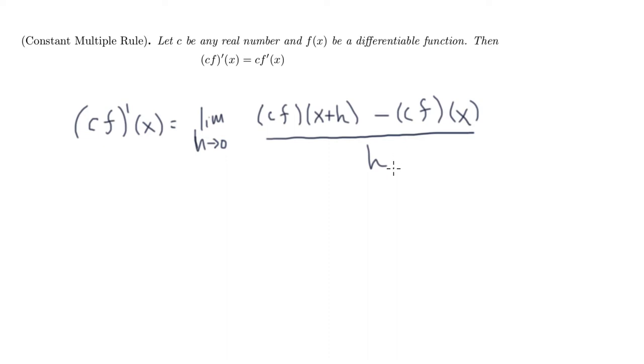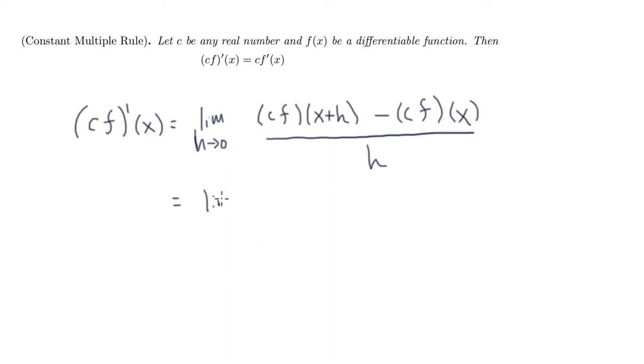And it might be worth just reminding you what this notation really means. In parentheses here I have cf, so the function is cf. And what that means is that I take the function f, evaluated at x plus h, and then multiply by c.